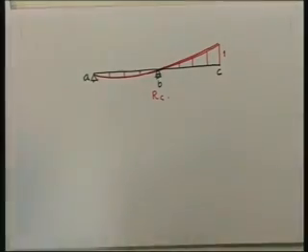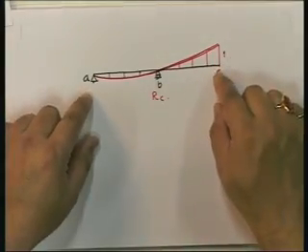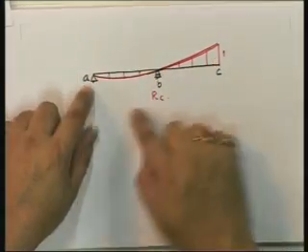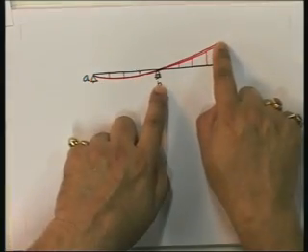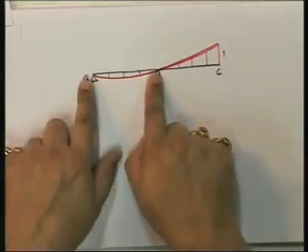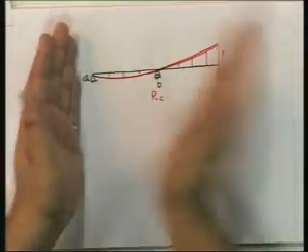I am just showing it to you because what we got for RA, between AB and between BC, are just the opposite for RC.